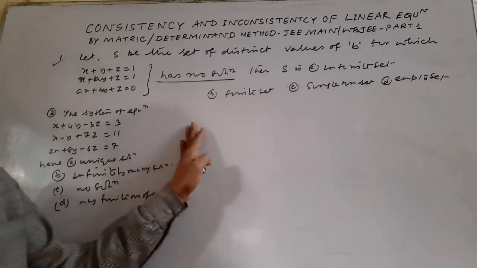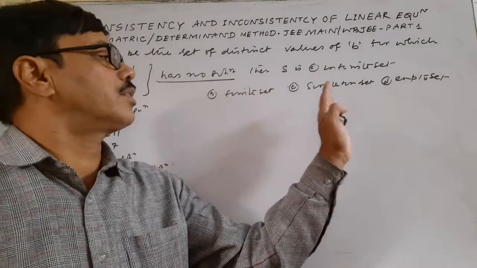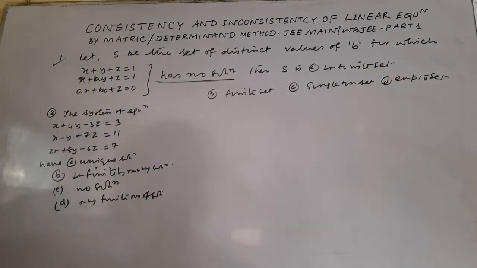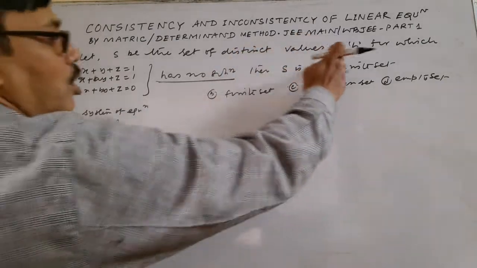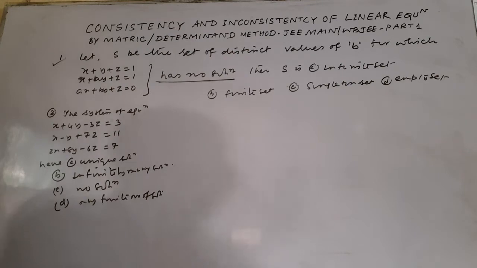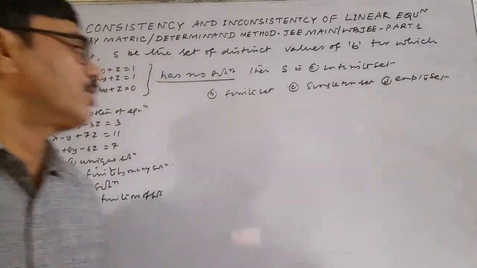Then what is S? S is an infinite set, finite set, singleton set, or empty set. So S is the set of values of B. You have to find how many values of B give no solution.